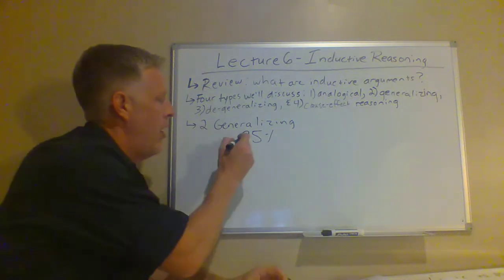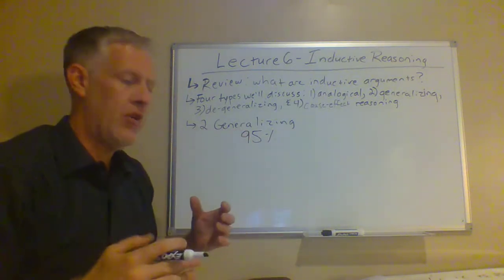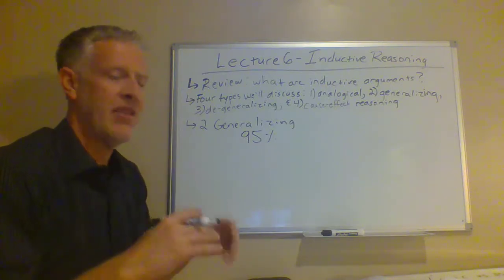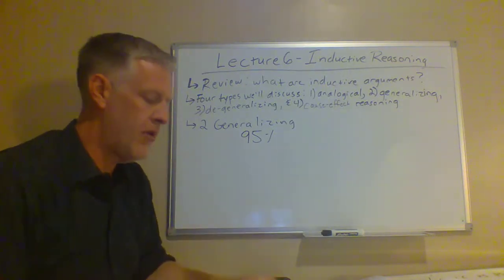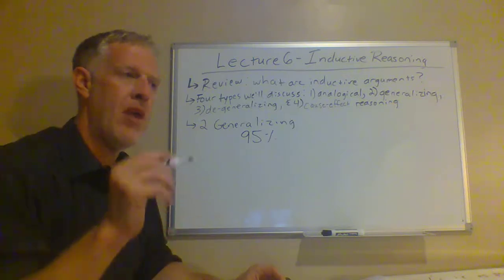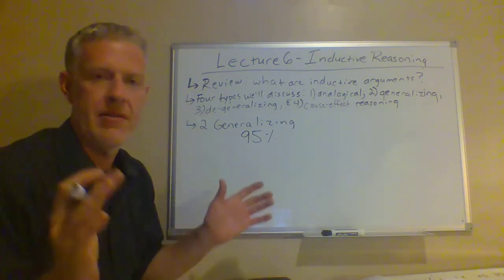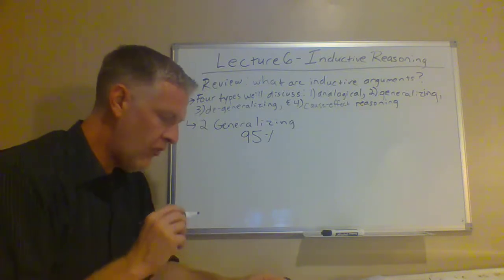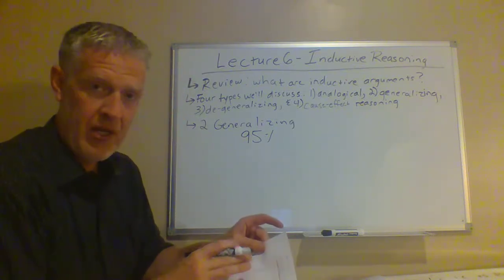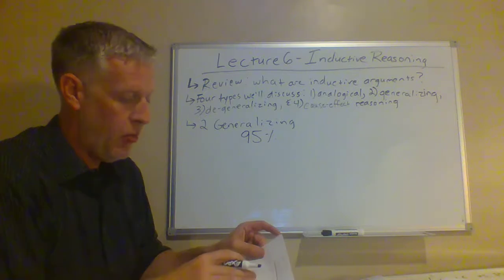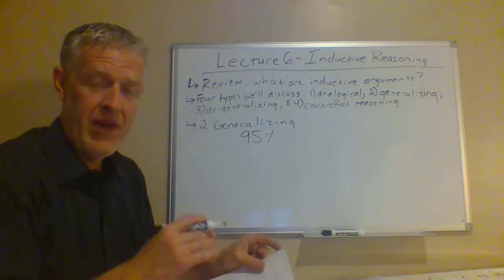We're going to work with what in scientific journals is deemed acceptable: if you can be 95% sure that your findings aren't due to chance. So the table, Table 11.1, is a confidence level of 95%.